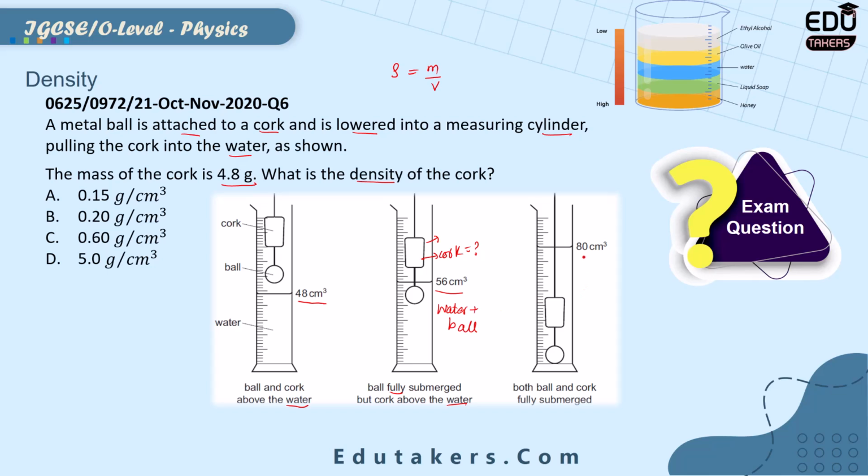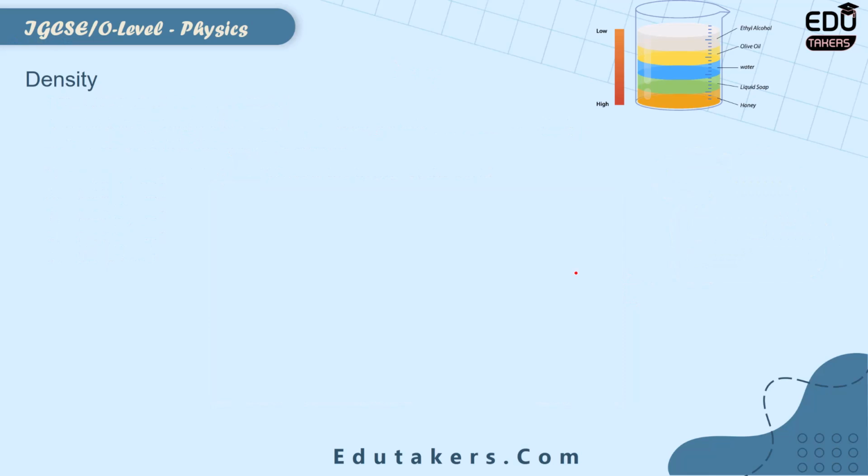In the last figure, the total volume is 80 cubic centimeter, which is the volume of water plus ball plus cork, because both the ball and cork are submerged in the water. So you can easily find out the volume of the cork by this data. Let's see the answer and explanation.